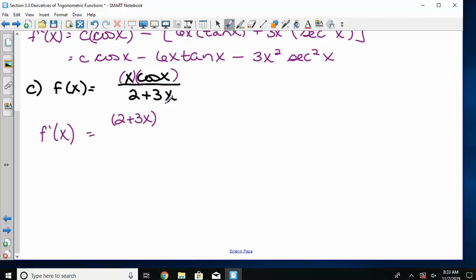Would it be 1 times the negative sine? We're going to have to do the product rule because there's two x's multiplied together. So we're doing the product rule inside the quotient rule this time. So, look, d high, derivative of the top, since there's two x's multiplied, we're doing the product rule. So the derivative of the first times the second plus the first times the derivative of the second. Derivative of cosine is?